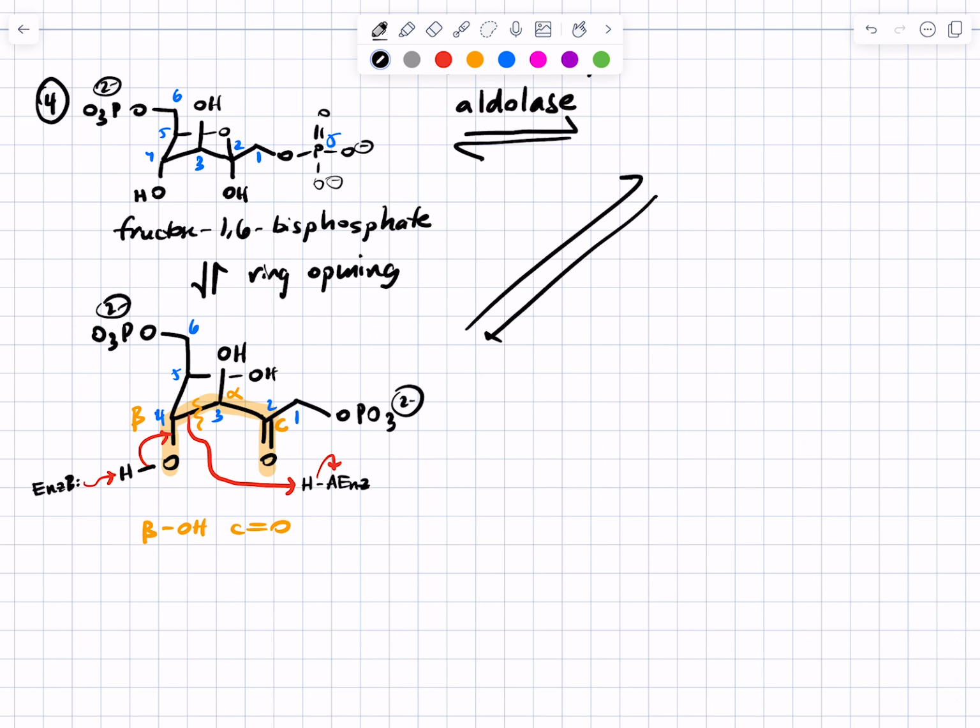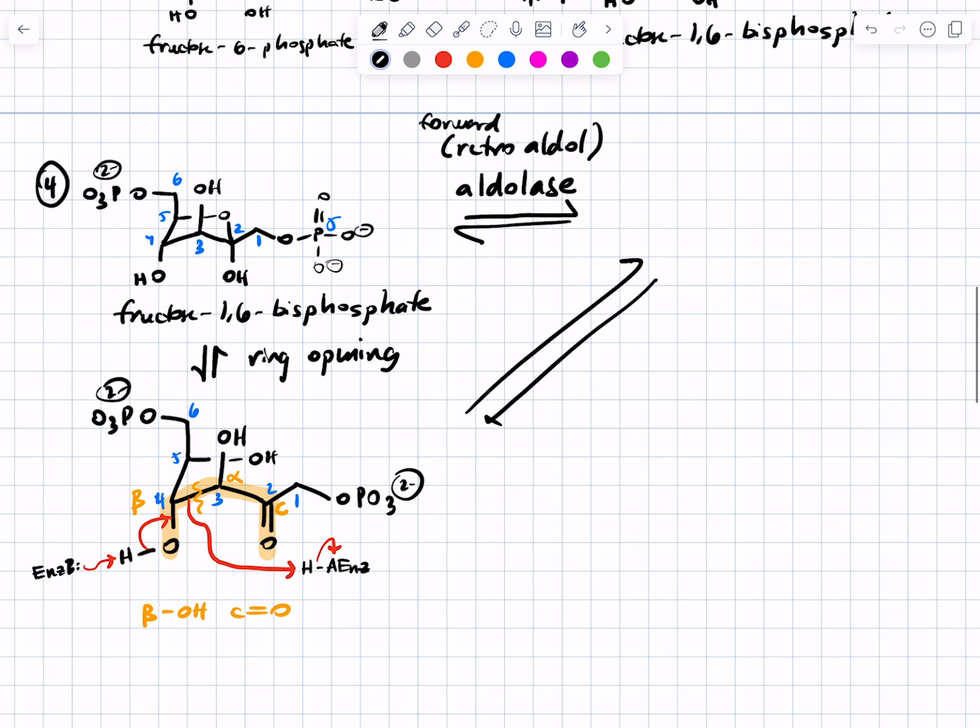which are 2. The first product from C1, 2, and 3 is one that you've seen before because it was a product that we got from the metabolism of glycerol, from triglyceride metabolism. This is C1, C2, and C3 of fructose.